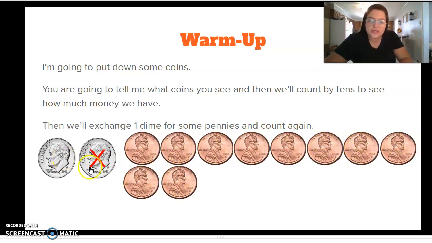When we had 2 dimes, we had 20 cents. We have 1 dime and 10 pennies. We still have 20 cents. They're just trying to show you that 10 ones is the same as 1 ten. Okay, so that's our warm-up for today.